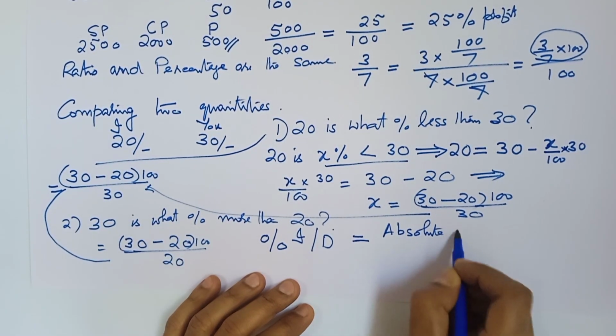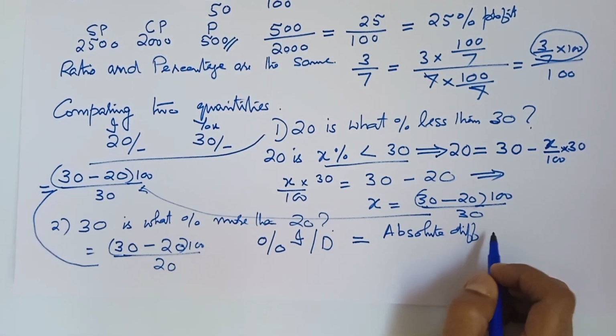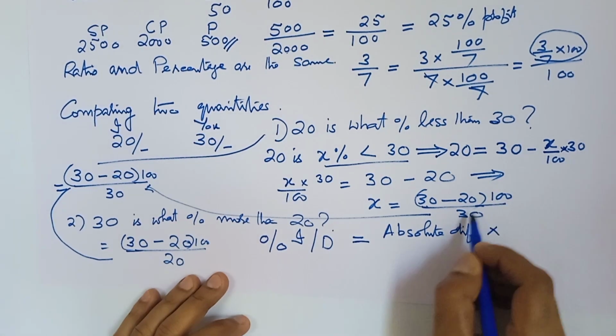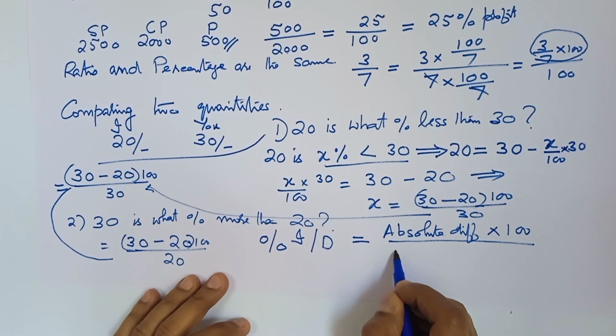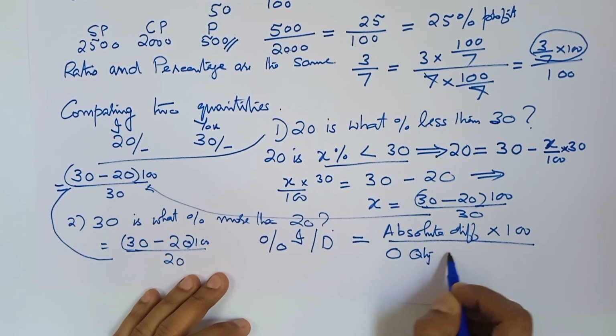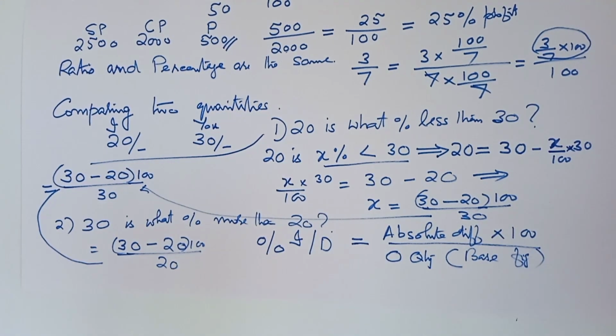In comparison, you will have always two numbers. You take the absolute difference between these two into 100. Can you see this? Into 100 by the denominator, that is the original quantity. We call it base figure also. See, in any comparison, there is always a base figure.